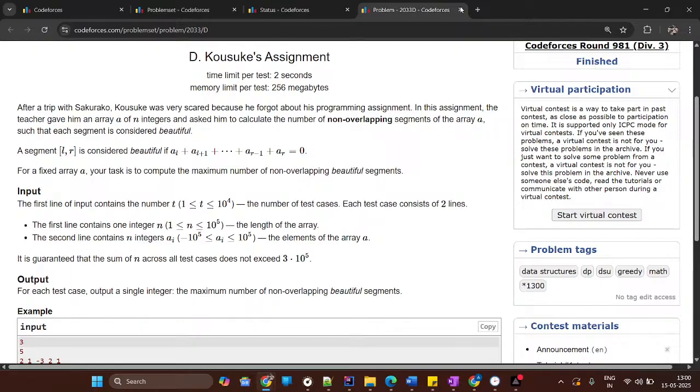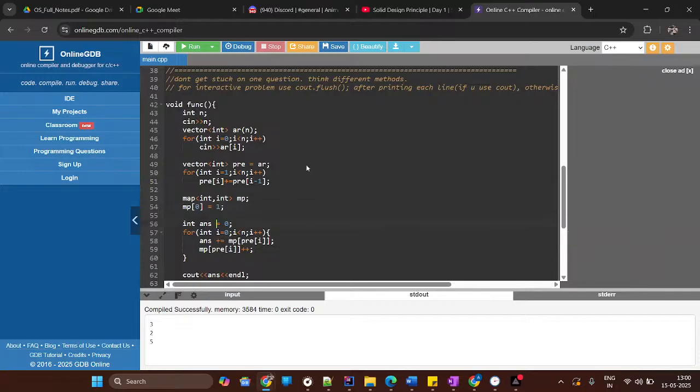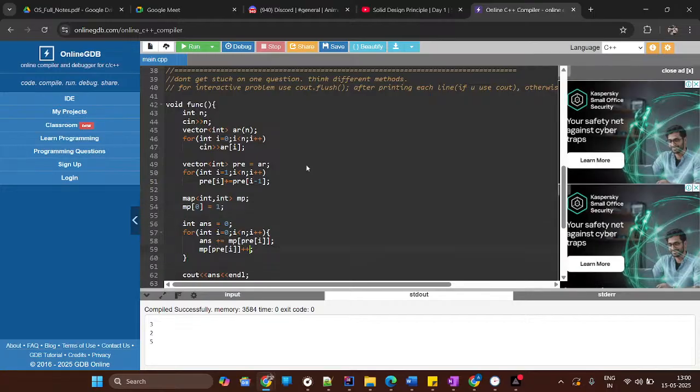So I just need to mark this as 0 or 1, not plus plus. I just mark it as 1. Also, I don't need to add it to... Yeah, we can.